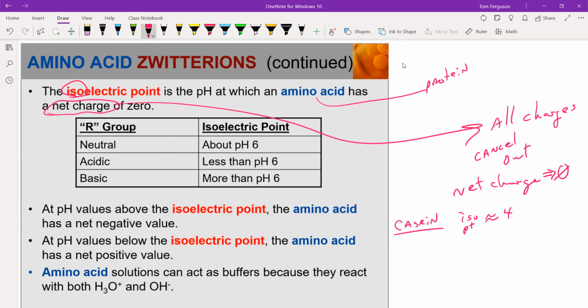If we have a pH greater than 4, that protein has a net negative charge.